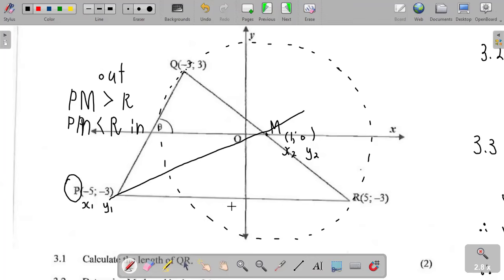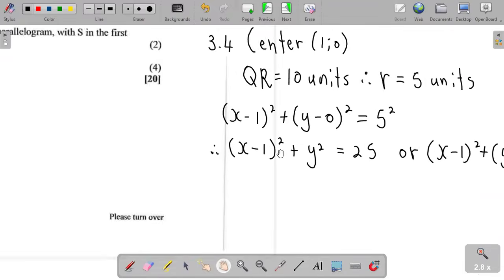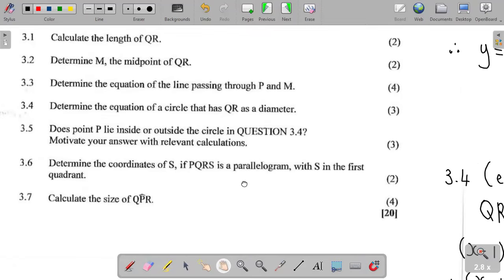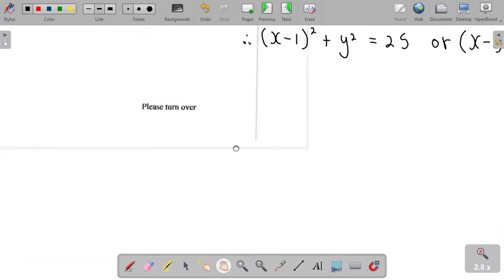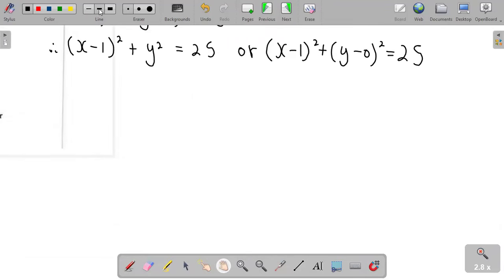We have to use the distance formula. So PM is going to be from 1 and 0 to -5 and -3. So for 3.5, we have to find PM.